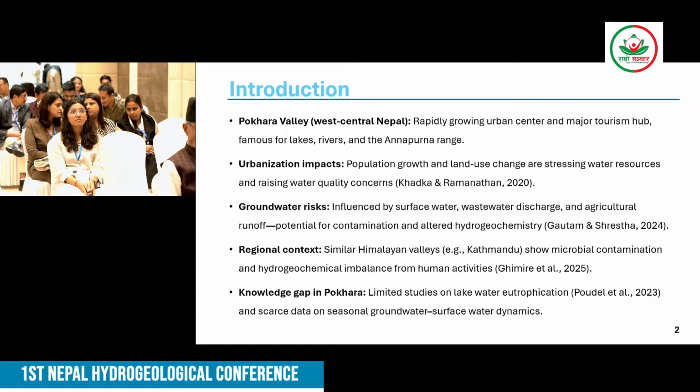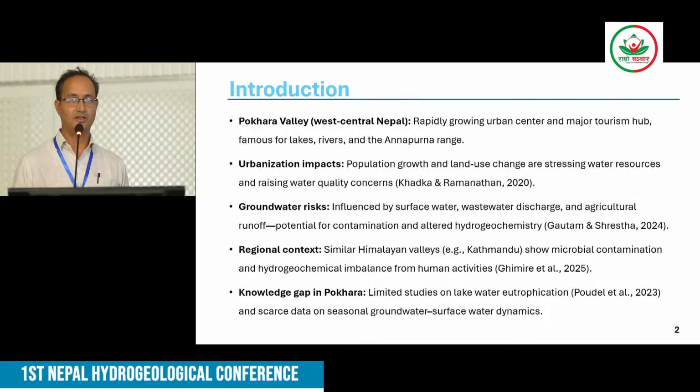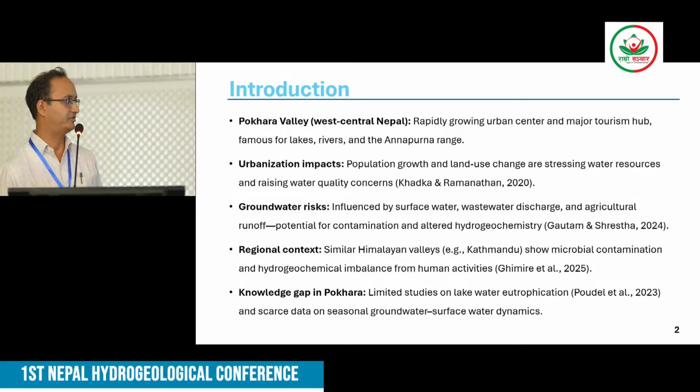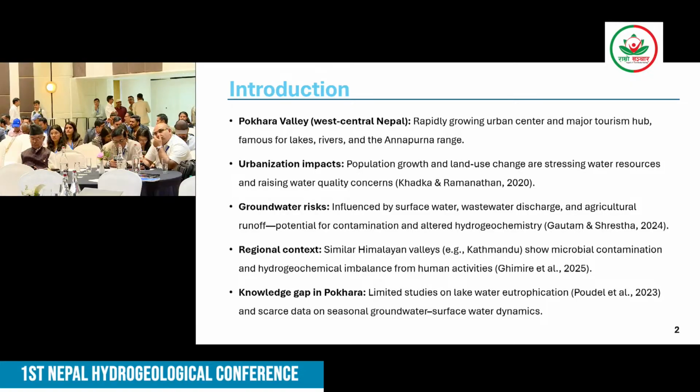So that is degrading the water sources also. Not only in Pokhara, even in Nepal, in Kathmandu Valley and many other places, we have this kind of issues of impact of urbanization and the environmental stress on the water resources.